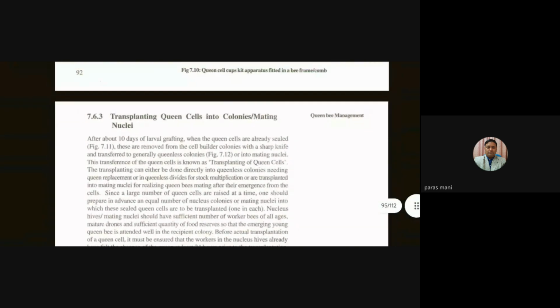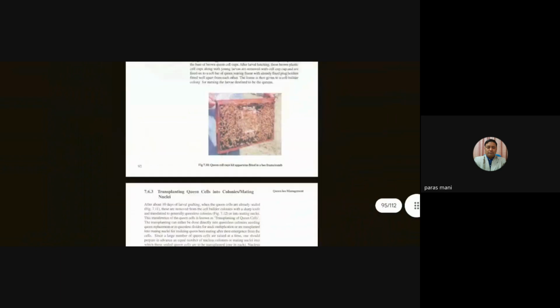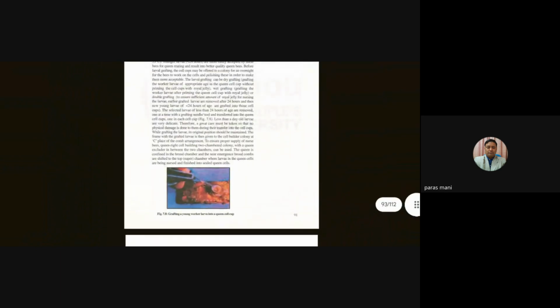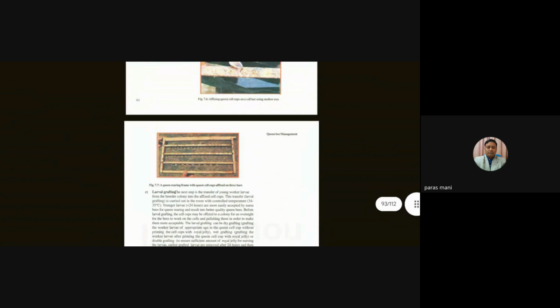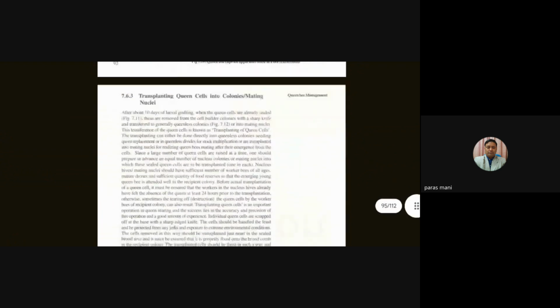After rearing of the queen cells and sealing of the queen cells, you can transfer in this kind of cells. After completely sealing of queen cells like this, each unit may be separately placed into the colony where the queens are required. That is queenless colonies or dequeened colonies. That is given in detail here.